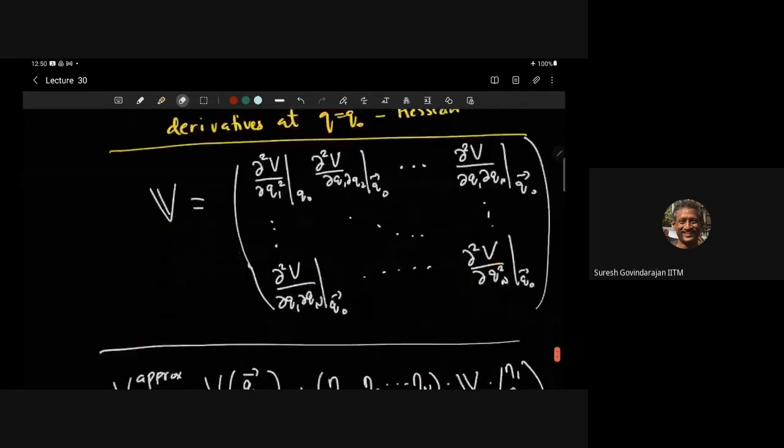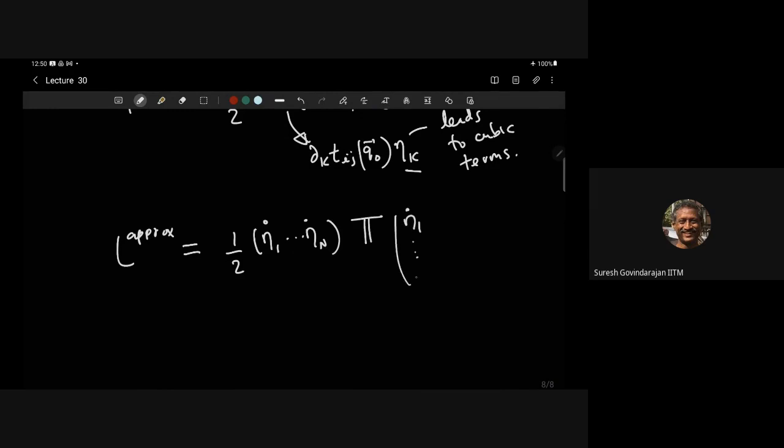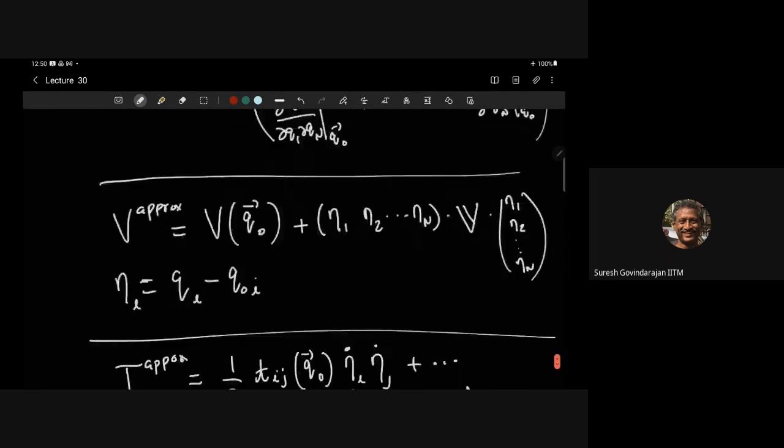Okay, so now I'll stop by writing an L approx, which we will solve next time. L approx, which would be half eta dot transpose matrix T eta dot, minus half times eta transpose V eta.